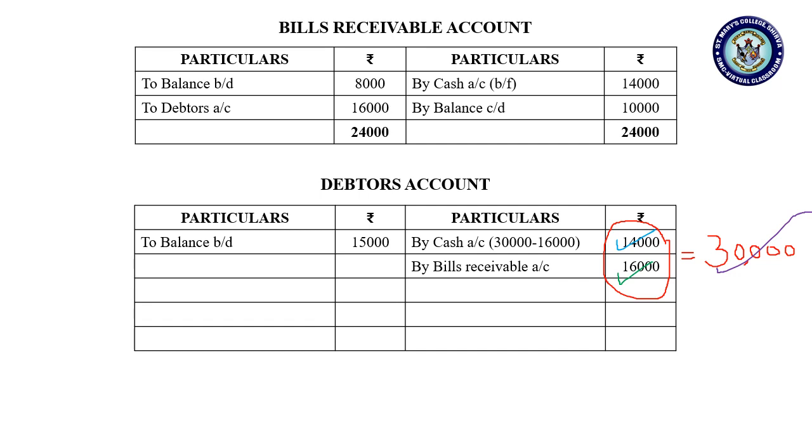Okay, next one. Closing bills receivable is already recorded. Bad debts written off. So the journal entry will be bad debts account debit to debtors account. So it is by bad debts account 1,000.